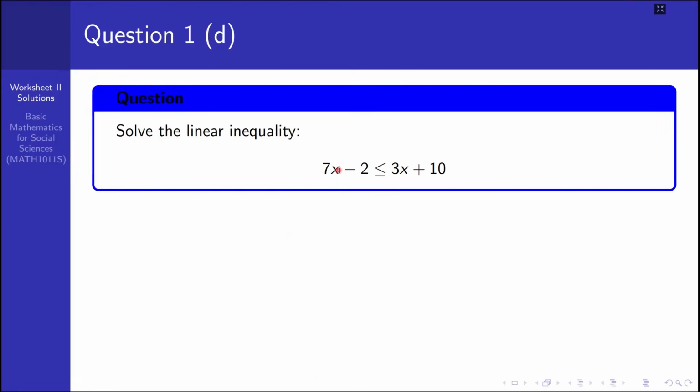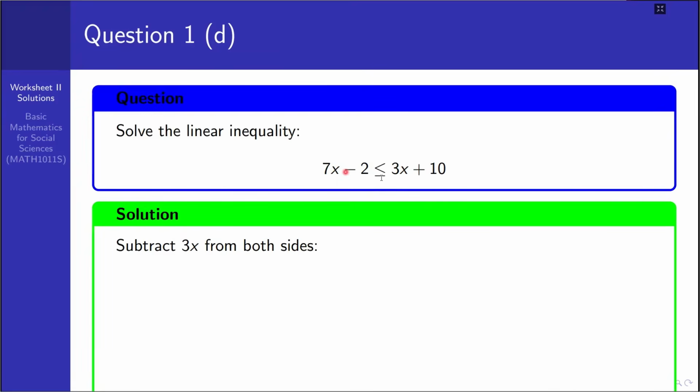Next, 7x minus 2 less than or equal to 3x plus 10. Therefore, again, in order to solve this one, we have to collect the variables to the left side of the inequality and the real number to the right side. So we can subtract, for example, 3x from both sides of this inequality, just to bring this one to the left side, and we have to add 2 to both sides, just to take the minus 2 to the right side.